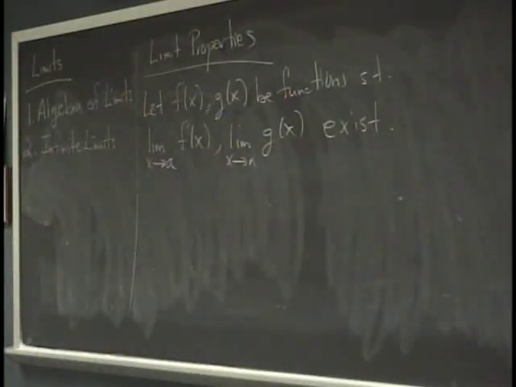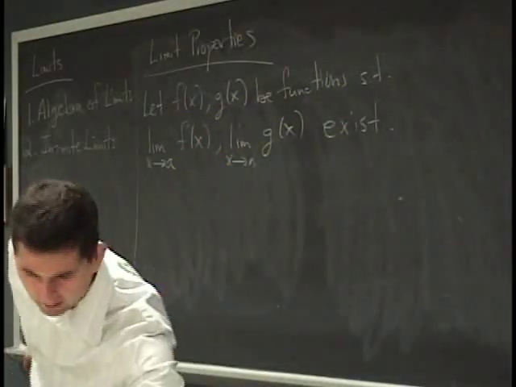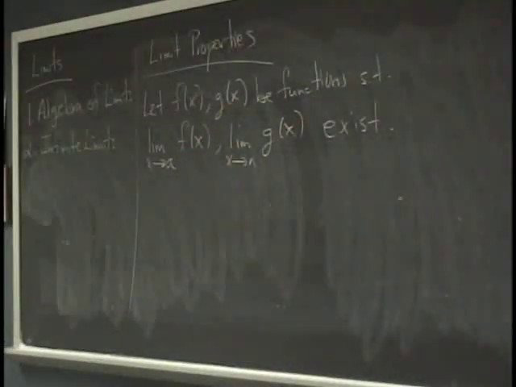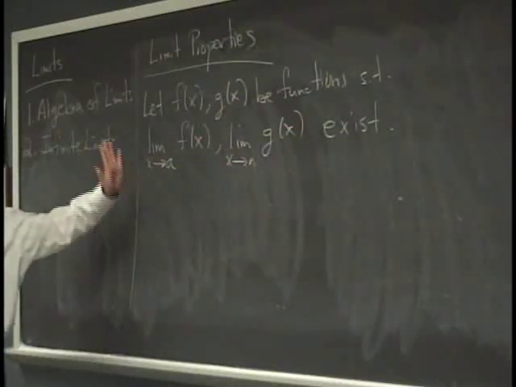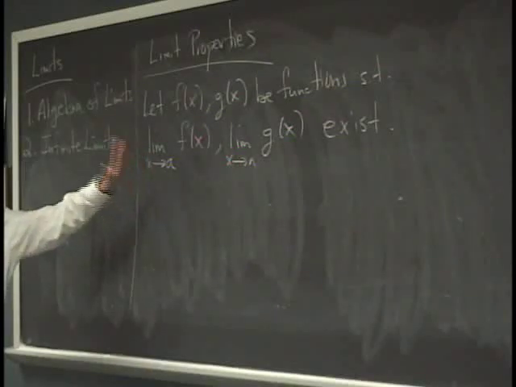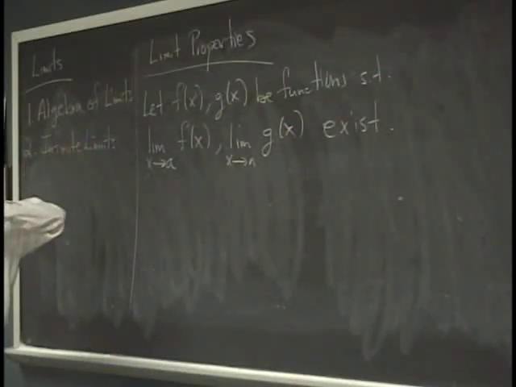So I have some point a, and these two functions both have limits at that point a. I'm not assuming that they reach that target. I'm not assuming they're continuous at a. I'm just assuming that the limits exist.